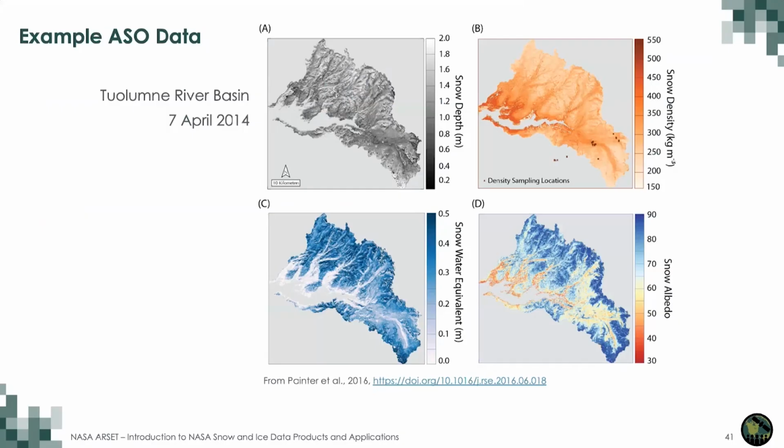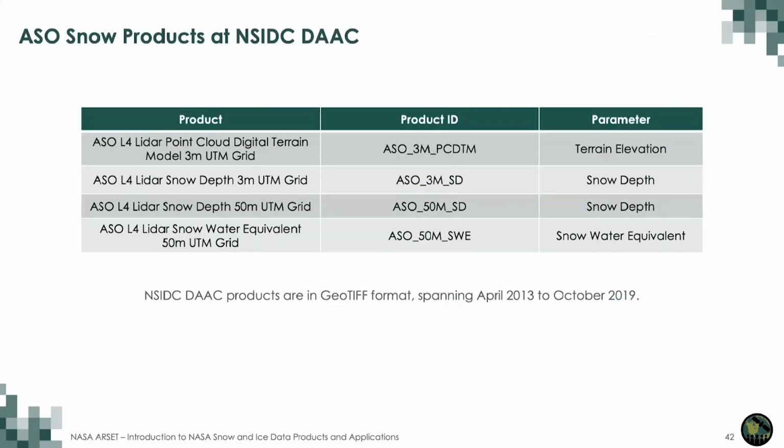And so this is really valuable data, but as an airborne mission, it's pretty limited in how much data you can collect. So it's focused on very specific watersheds that are key for customers of ASO.